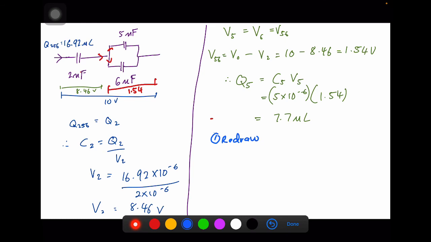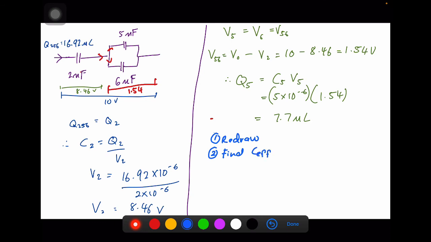The next step, obviously, most of the time you have to find the Q0. Then try to relate with the properties of potential difference. If you have something that is in parallel, V is the same. So number 2, find C effective first.